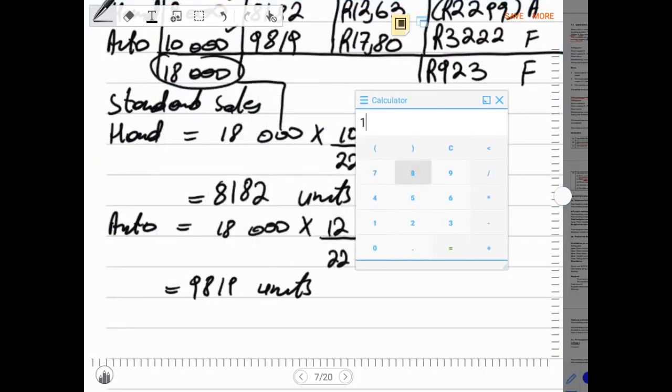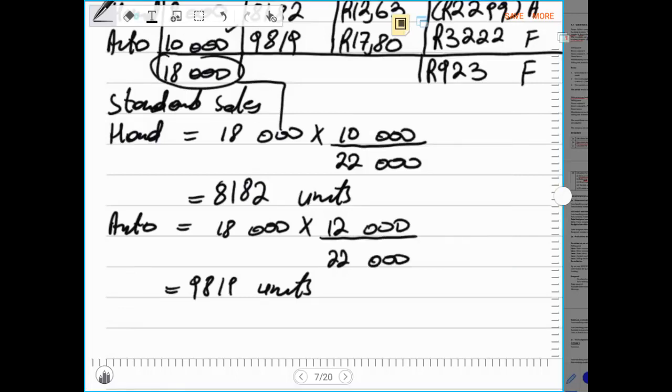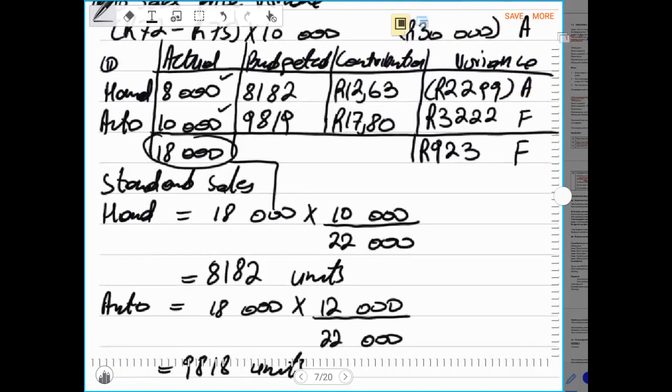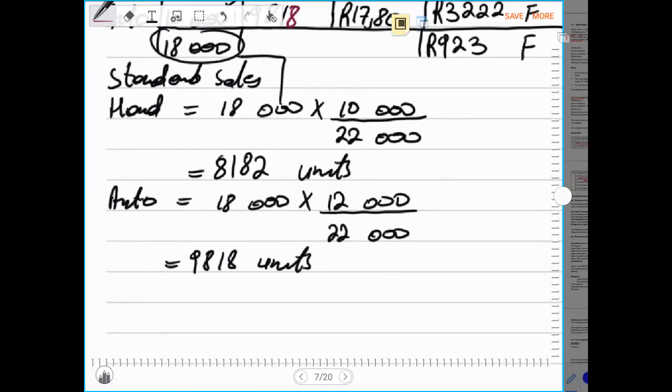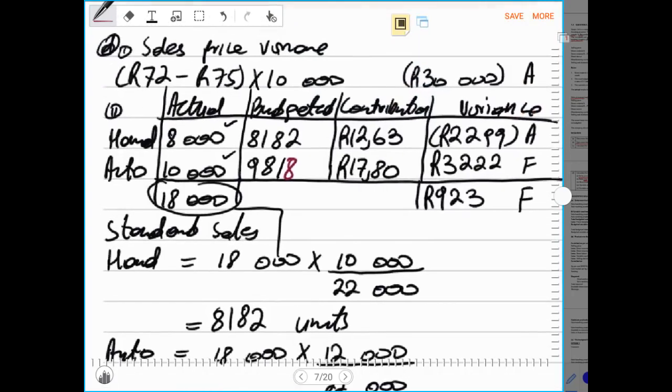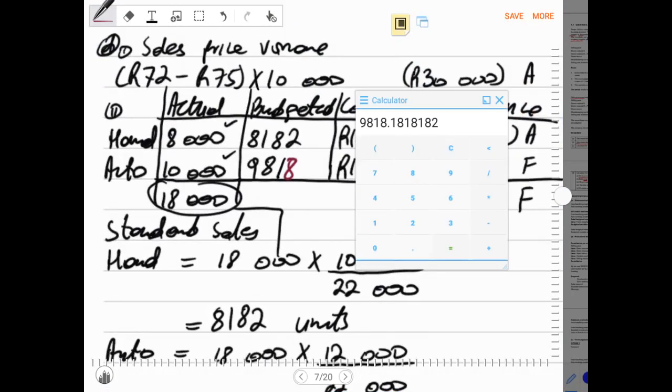For the second one, 18,000 times by 12,000 divide by 22,000. Okay, that was supposed to be 18, not 19. So that is 18, not 19. Just change the color to show where the change was. Just rounding off, I took it as 19.